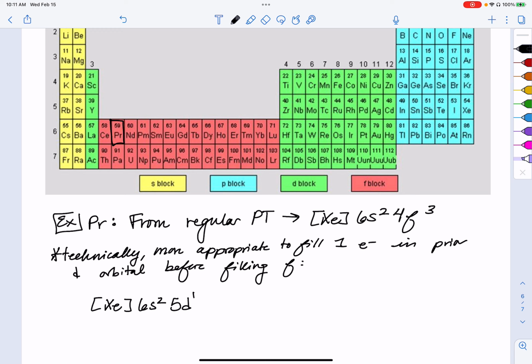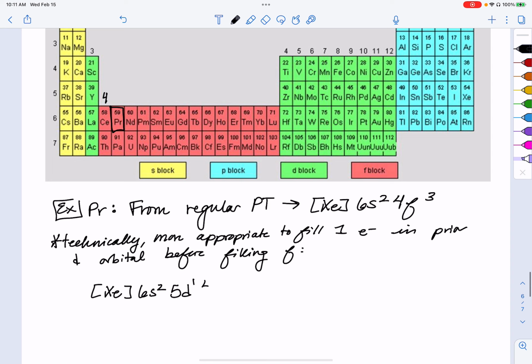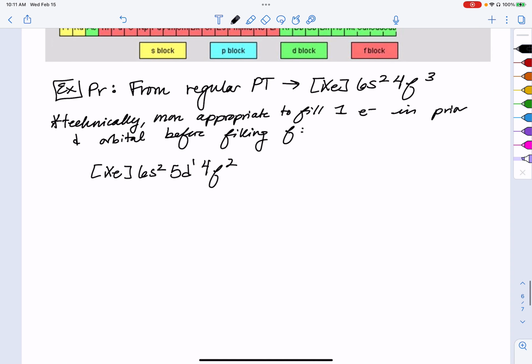This is 4 starting here. So this would then be 4f2. So this is the more correct version of the F block electron configuration.